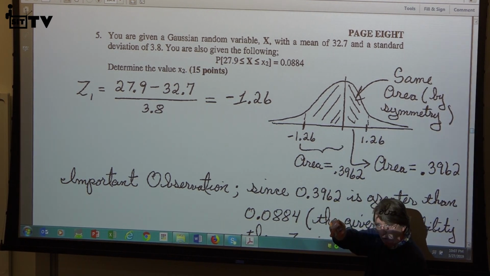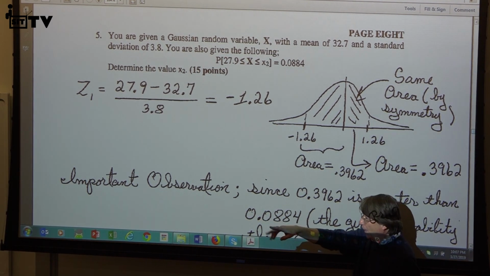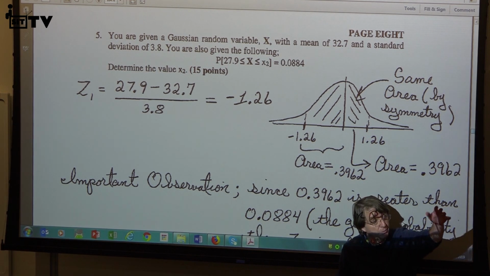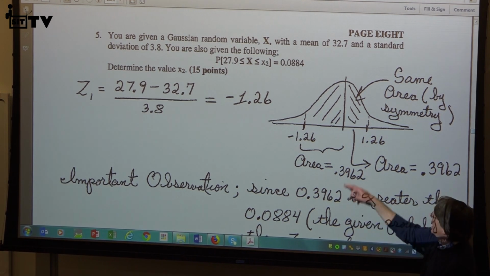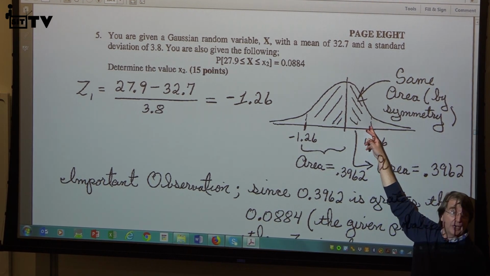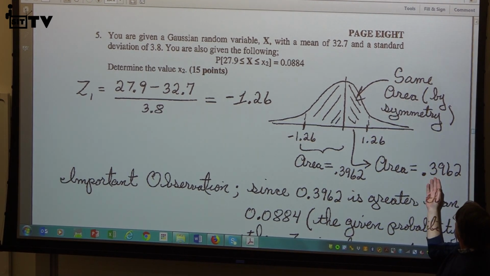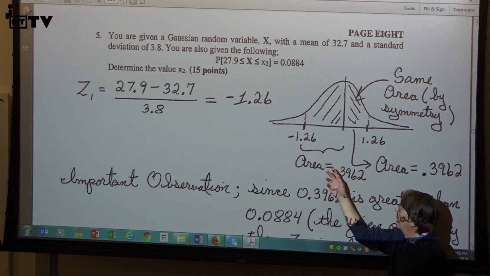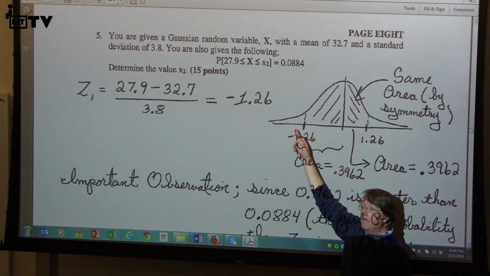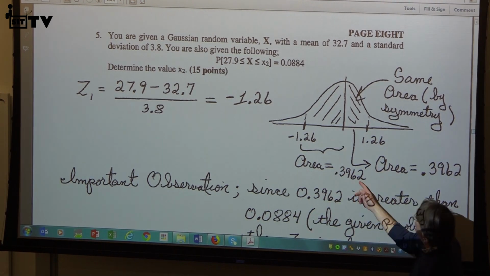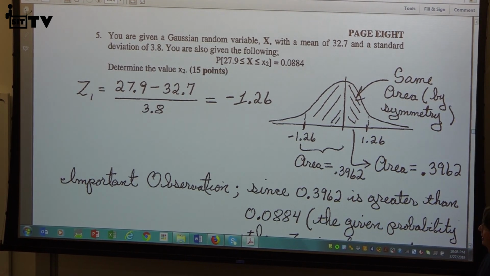I'll tell you why in a moment. By the way, I can't do that with my z table. Magdalena, I have to use symmetry and find the area from 0 to 1.26. So I get that area to be 0.3962. So I say, okay, the area from minus 1.26 to 0 is 0.3962.